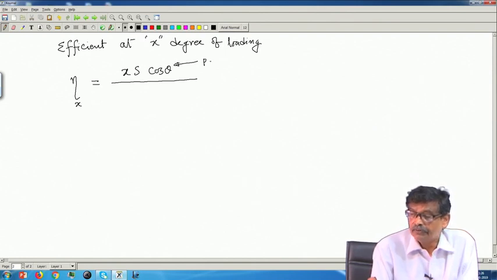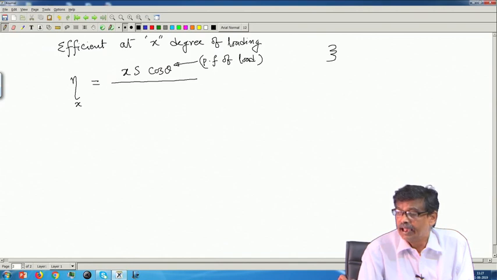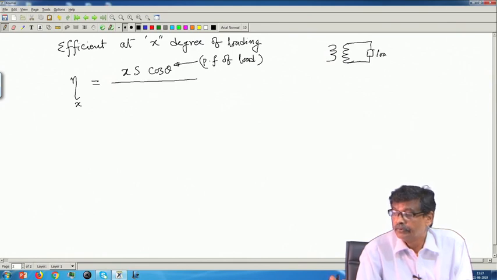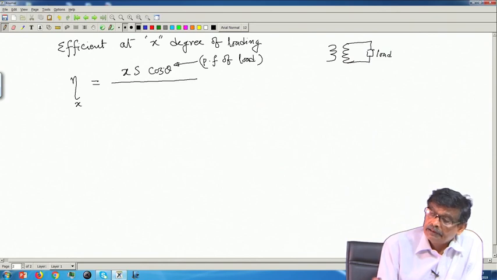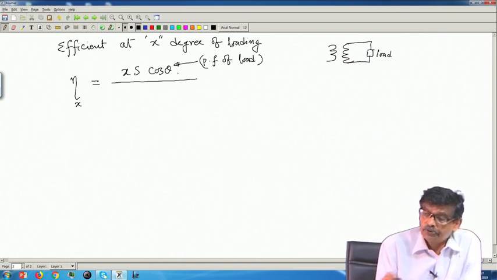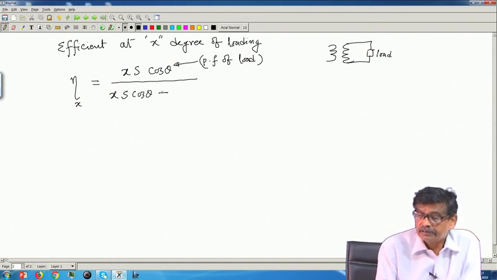The power factor of the load. This is the actual practical transformer. This is your load, with power factor angle theta, and this is the output kilowatt, and input kilowatt will be output plus the losses.